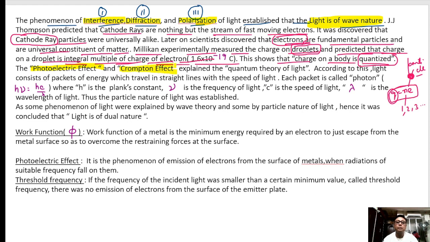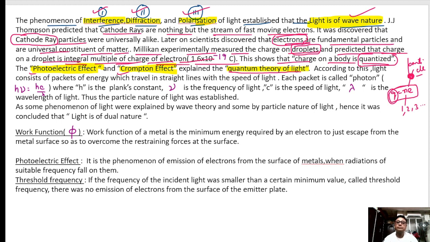Next are the photoelectric effect and the Compton effect. These two important effects explained the quantum theory. These three phenomena established the wave theory of light, and these two established the particle nature, or the quantum theory of light.